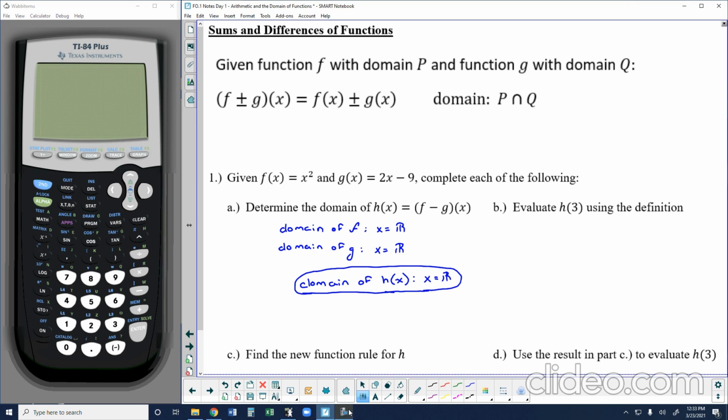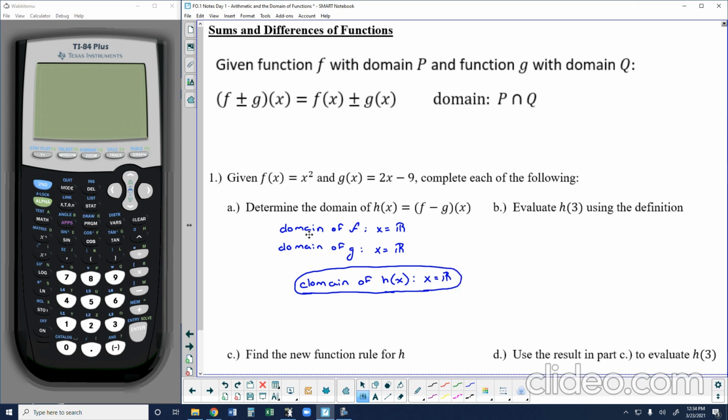Now, if we take a look at problem B, it starts to get into the different ways that we can evaluate the function. So part B says to evaluate h of 3 using the definition.